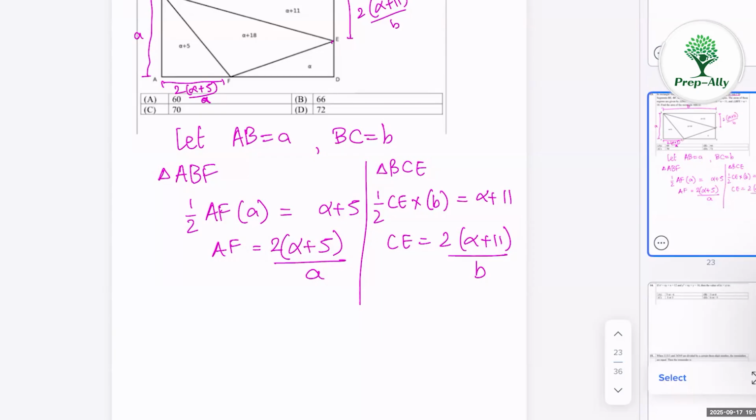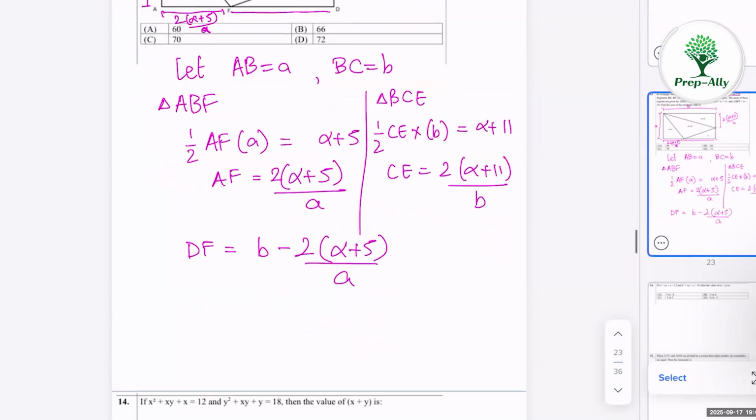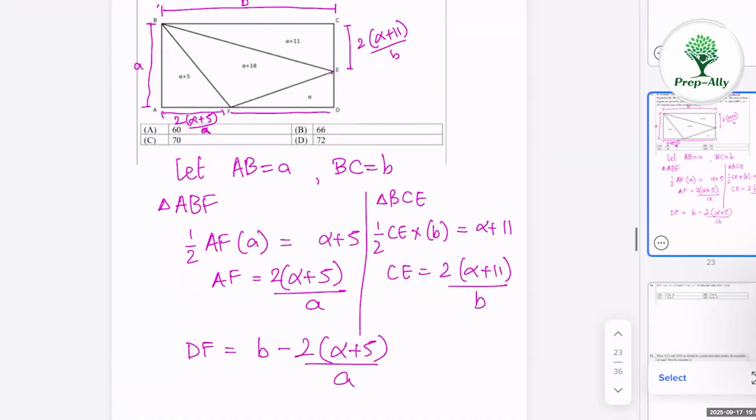Now, what is this length? So AD equal to BC, right? Opposite sides of a rectangle are equal. So this is nothing but this minus this. So we can write DF equal to b minus 2 times alpha plus 5 by a, and similarly, what is this length?